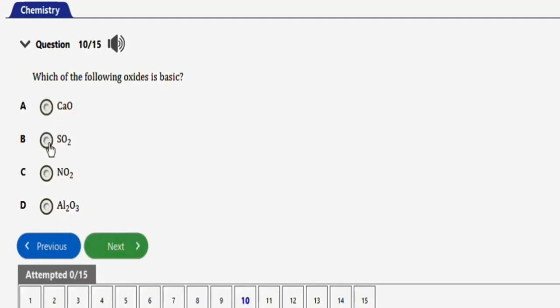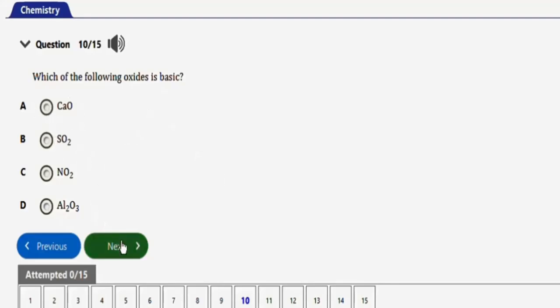Option B, oxides of non-metals are acidic in nature. Option C is also an acid. This NO2, that's nitrogen oxide. This option B is sulfur oxide. This option D, aluminum oxide, is not a base.